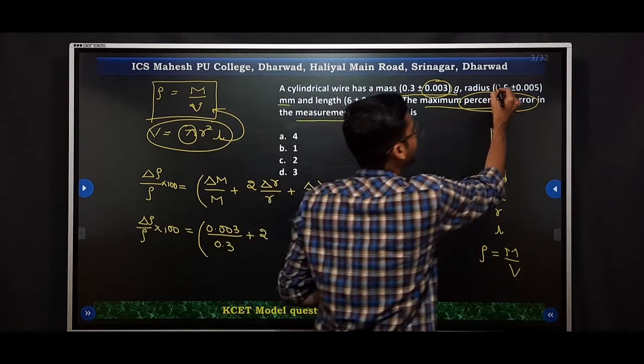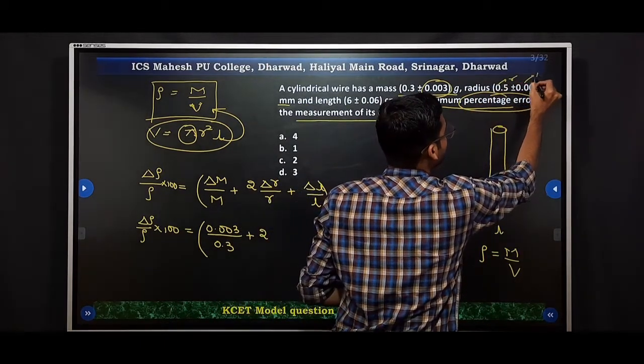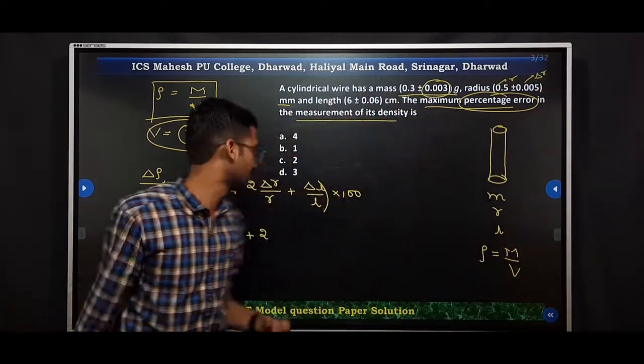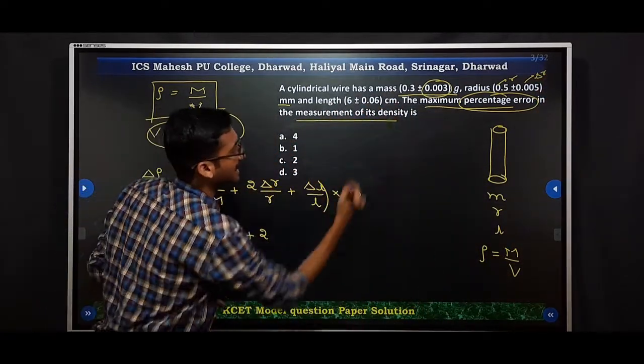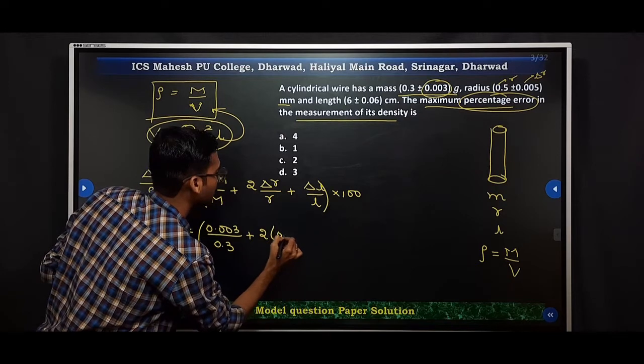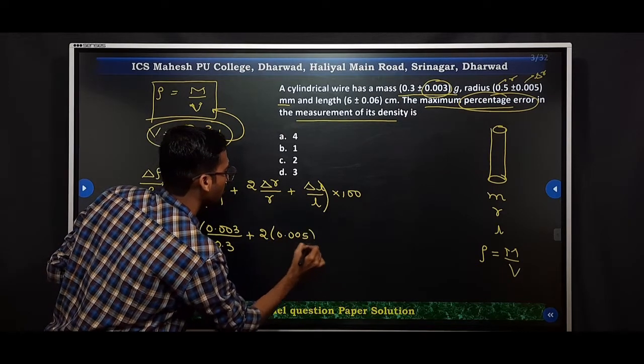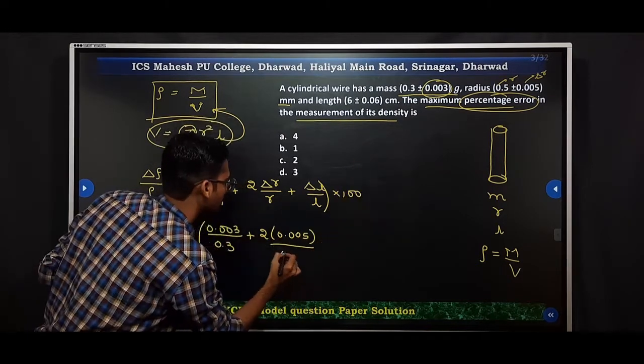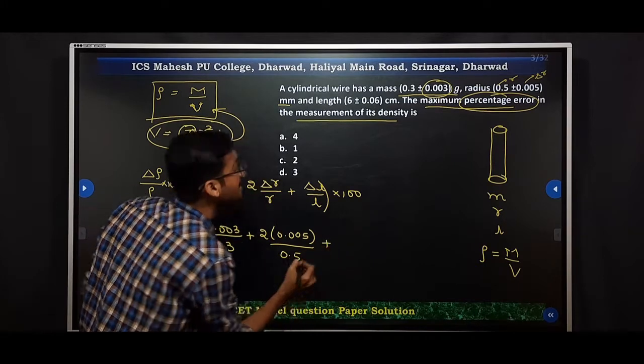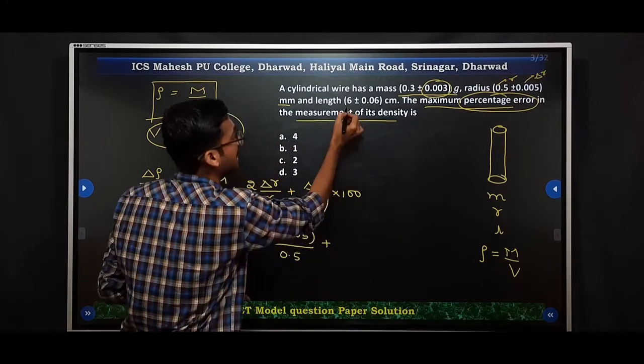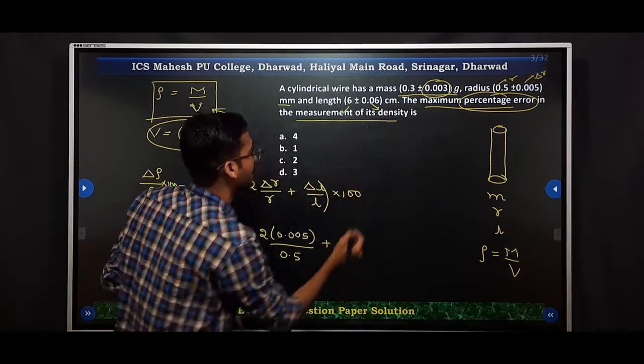Therefore this one will be the small delta r. Let us substitute that: delta r can be written as 0.005 whole divided by 0.5, plus delta L we need here, it will be delta L.